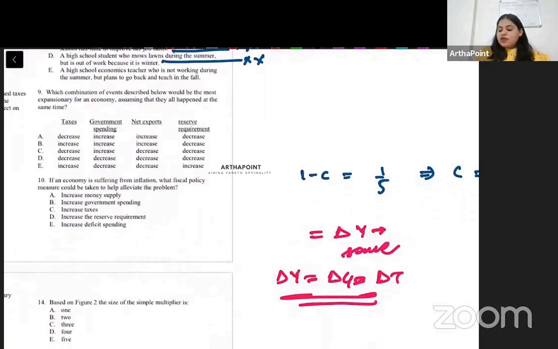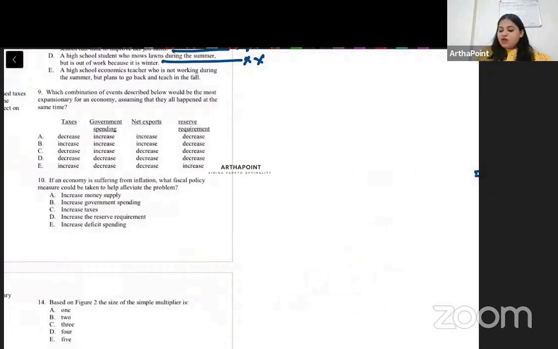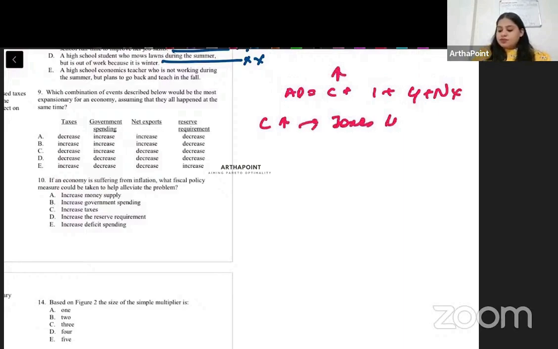Which combination of events described below would be the most expansionary for an economy, assuming they all happened at the same time? So if I want to grow my economy, it can grow only when consumption increases. AD is C plus I plus G plus NX. So I can increase consumption when taxes are low. So taxes should decrease.